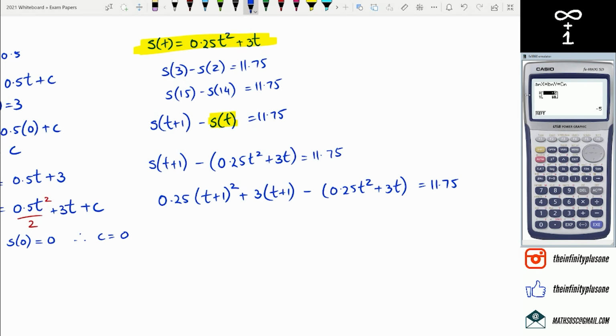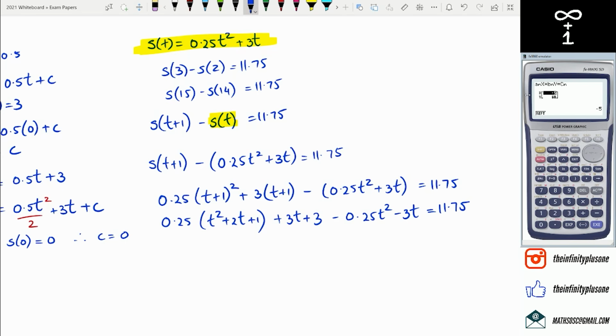Now I know it looks a bit crazy at the moment, but trust me, it'll actually work out quite nicely if you expand all of them. So we're going to expand the brackets. So we've got 0.25 t squared plus 2t plus 1, and then expand the next lot of brackets, so we've got 3t plus 3, expand the next set of brackets, so minus 0.25 t squared minus 3t equals 11.75.